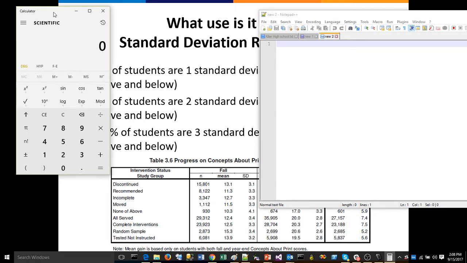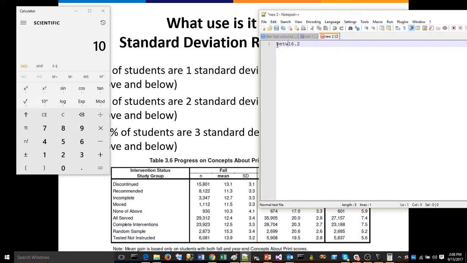So all that means is I'm going to take my mean, this 13.1, and add 3.1 to it, plus 3.1, and that gives me 16.2. I'm just going to put that down here in my notes, 16.2. Now I'm going to take that same 13.1, the mean, and subtract 3.1 from it, minus 3.1, and that gives us a value of 10.